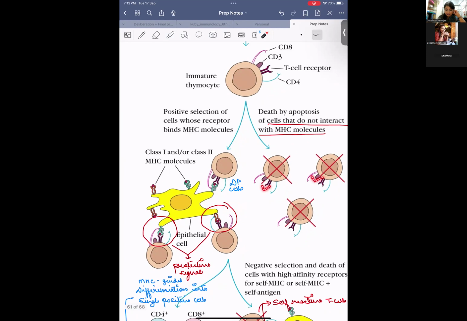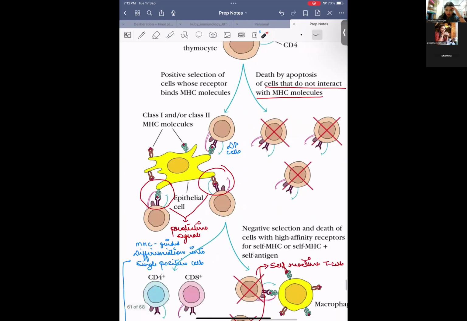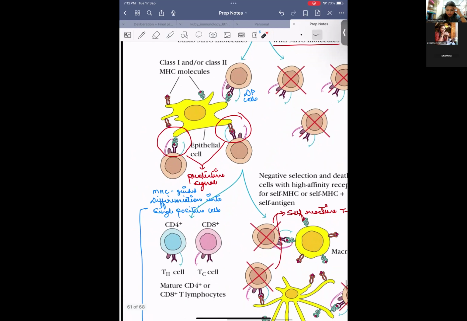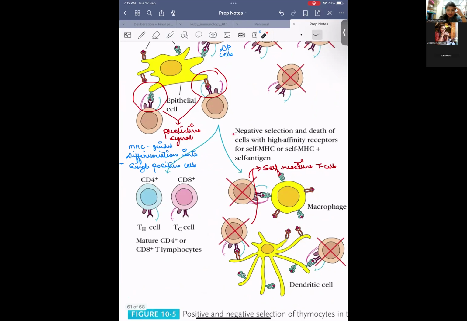The cells that fail to bind either of these MHC molecules are all going to be taken for death by apoptosis because they do not interact with the MHC molecules. So this over here is giving me self-MHC restriction, because anything that is not recognizing the self-MHC molecules is already deleted, right? This is now subjected to negative selection.